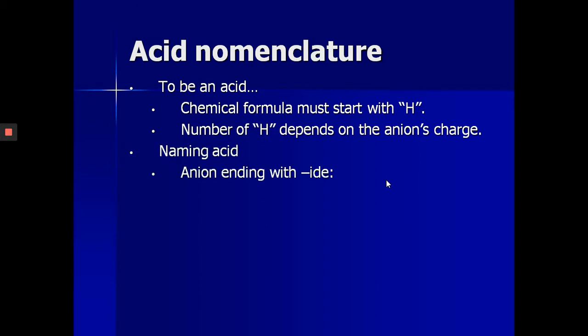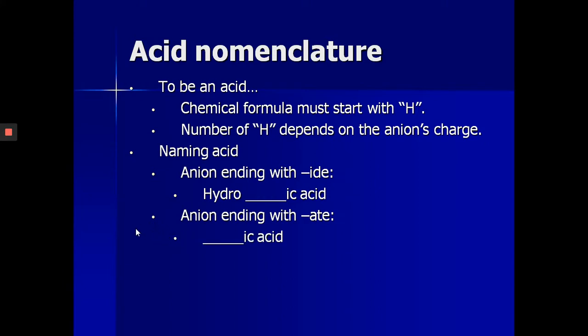Naming acids: if the anion of the acid ends with -ide, then you'll have a prefix hydro-, and then blah blah -ic acid. The blah blah part is going to basically become the name of the anion. If you have an anion ending with -ate, then you are going to name this -ic acid.